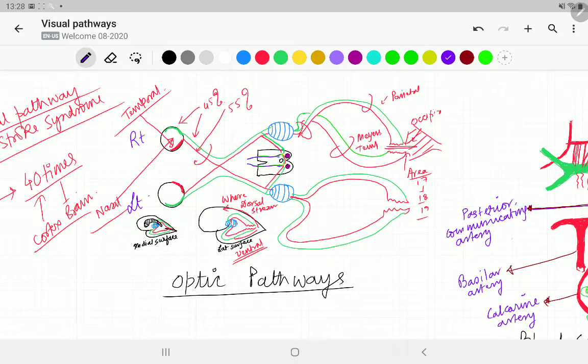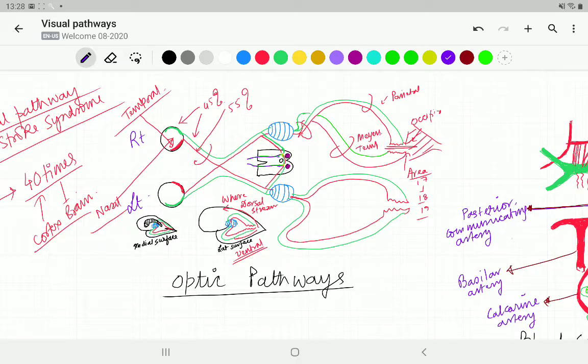Whereas for the light reflex, information goes to the pretectal nucleus. From there, it goes to the Edinger-Westphal nucleus, and through the third cranial nerve, it goes on to supply the constrictor pupillary muscles and the ciliary muscles to help with constriction of the pupil, and these ciliary muscles also help in accommodation as well.